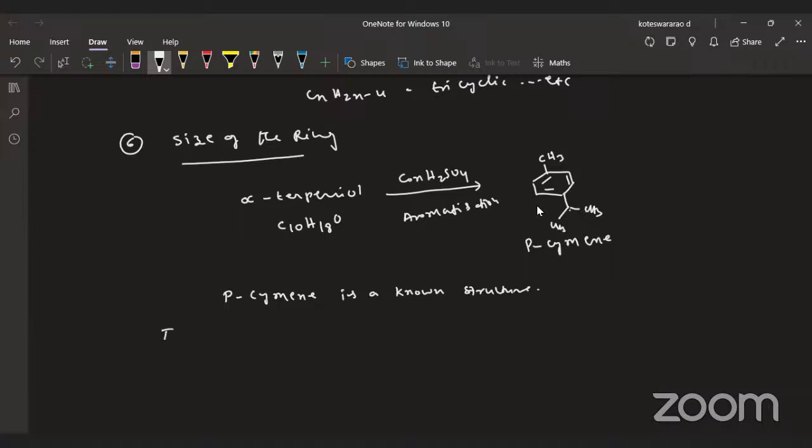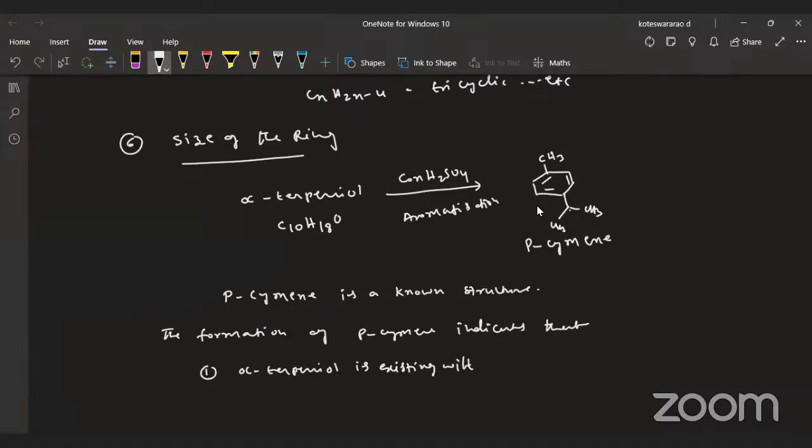The formation of paracymene indicates that, first one, alpha terpinol is existing with a six-membered ring.